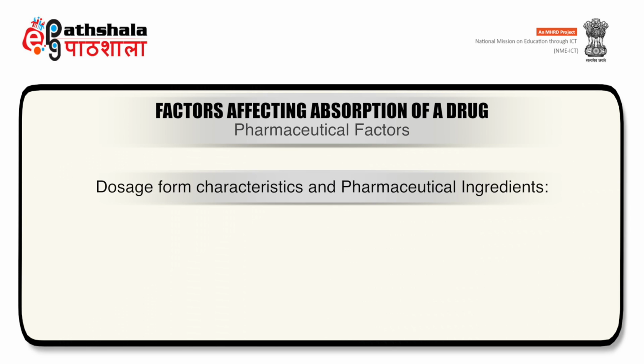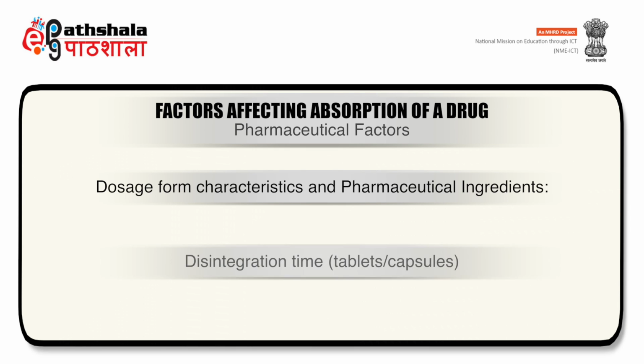The second type of factors are dosage related. They are dosage form characteristics and pharmaceutical ingredients. For example, disintegration time, dissolution time, manufacturing variables, pharmaceutical ingredients like excipients and adjuvants, nature and type of dosage form, product age and storage condition.